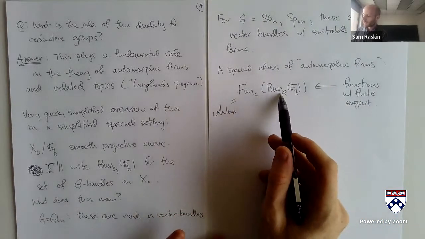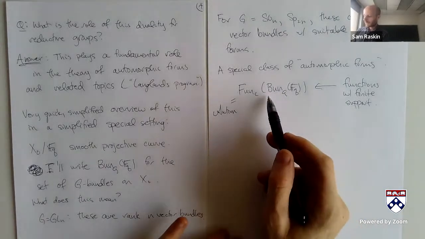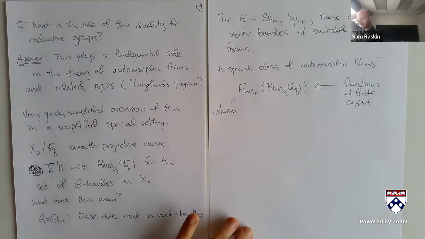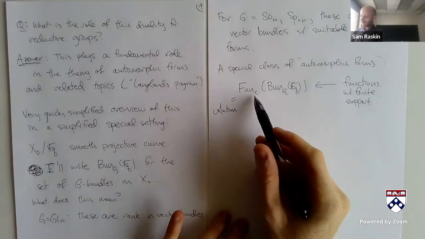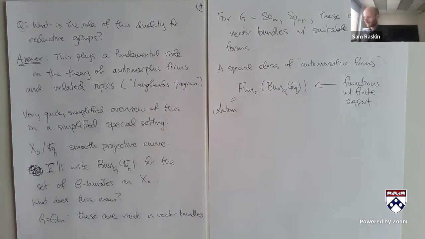I should also add that when the group G is GL_1, this Bun_G, well, there's maybe a Z around, but otherwise this is basically the points of the Jacobian of the curve. So some finite set times Z. And studying characters on the Jacobian is the theory of class field theory.